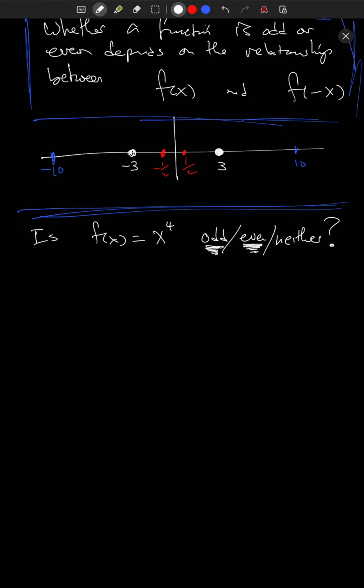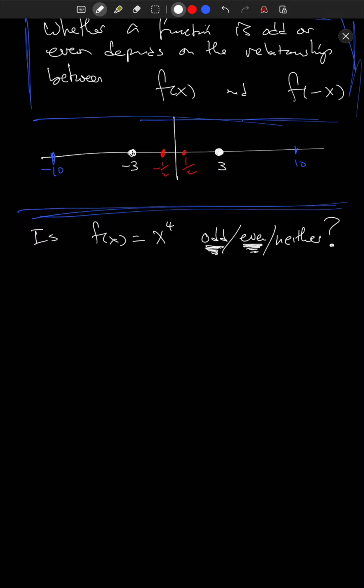Or if this function happens to be even, then I don't have to check whether it's odd or not, because it's definitely not going to be odd, except for that one special function, which again, you should sit down and try to think about yourself. That special function is super, super simple. So it's certainly not going to be any of the functions we're looking at today with complicated formulas.